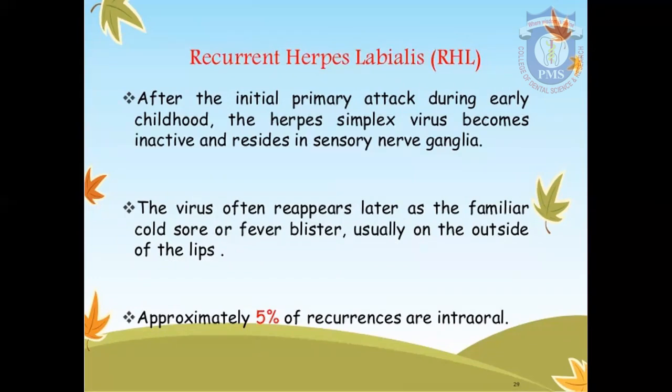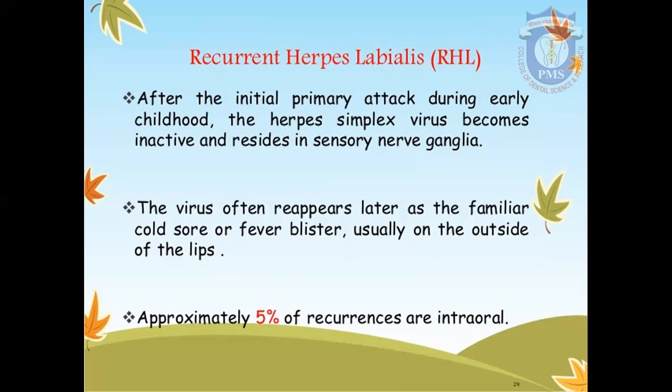Herpes labialis is contagious for individuals who have not been previously infected by the virus, and for those with weakened immune systems, for example, those with HIV infection or undergoing chemotherapy. A primary infection with HSV1 is often asymptomatic.